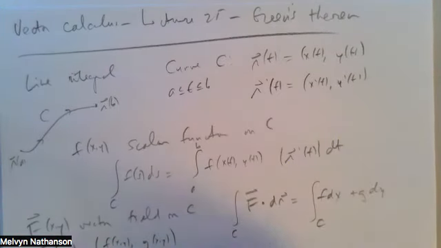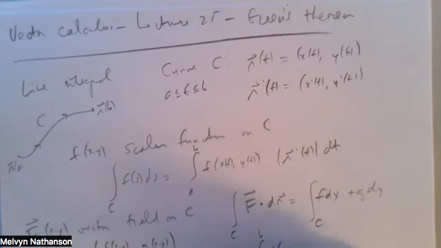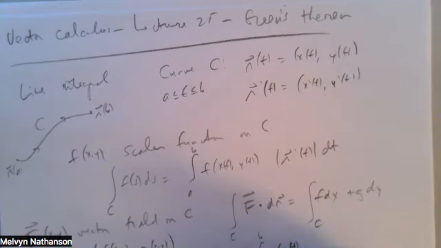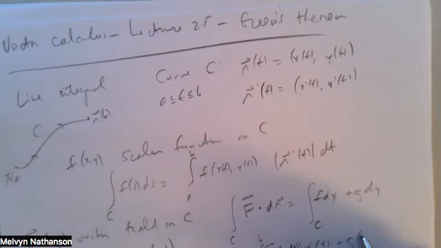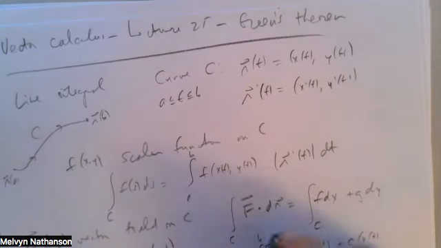But what this means is this is the integral from A to B of f of x of t, y of t times x prime of t, plus g of x of t, y of t times y prime of t. Let me do this more simply.